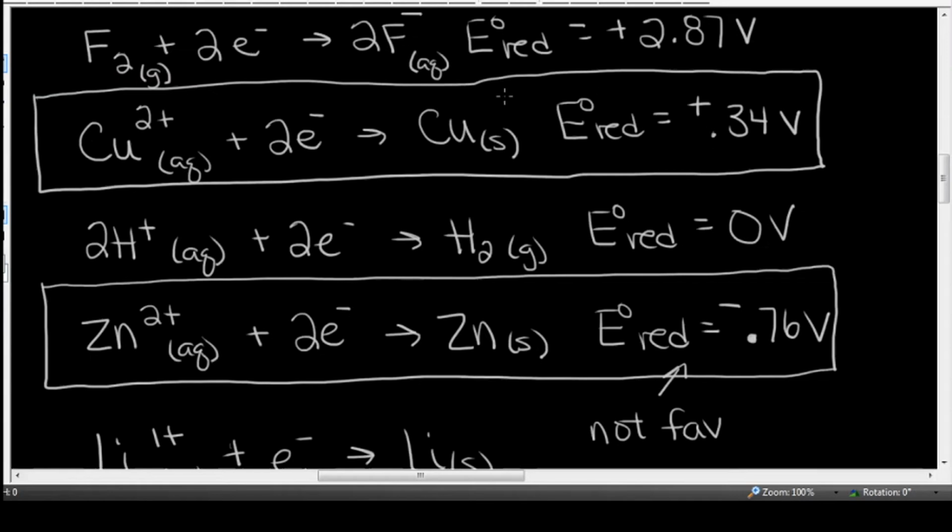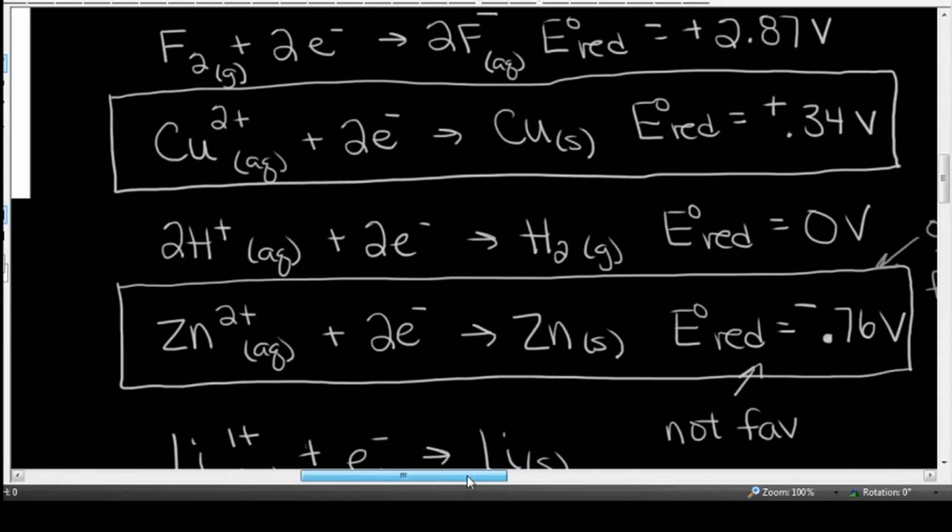If copper is going to be reduced, that must mean that the zinc in our particular cell is going to be oxidized. So I'm going to have to flip this reaction because the zinc ions aren't going to get the electrons. The copper ions are going to get the electrons. Where are they going to get those electrons from? From the zinc.